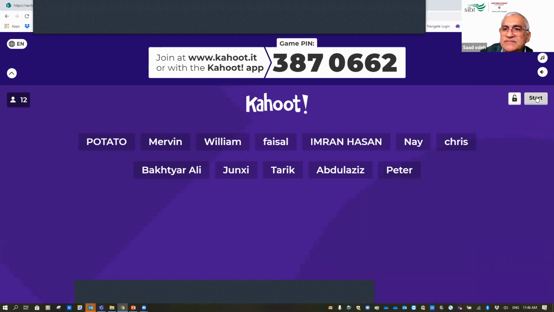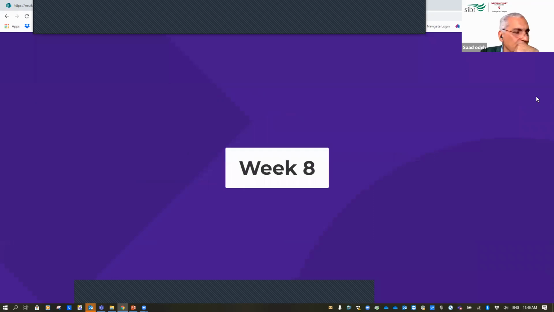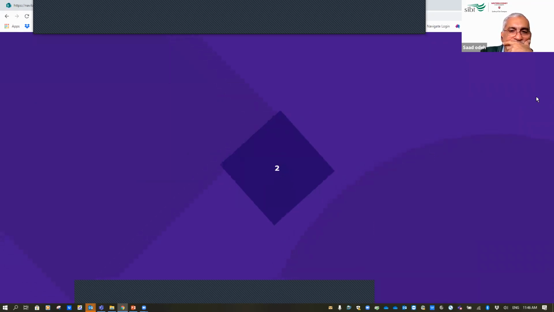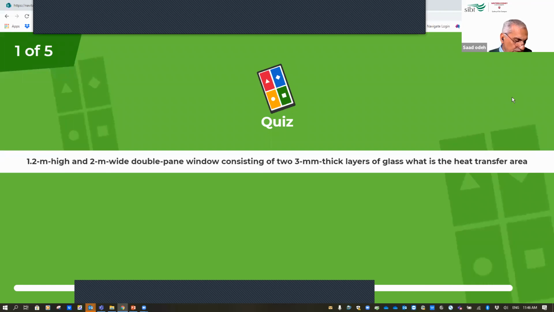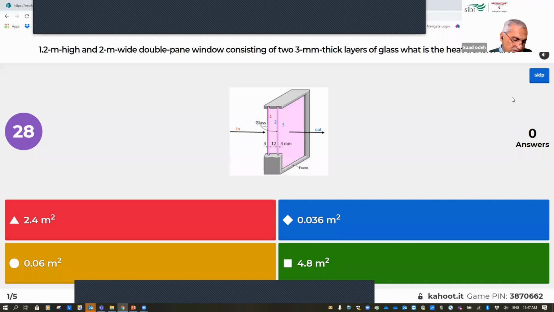Let's start. We have the dimensions of the double glazed window, and you have thickness. What's the heat transfer area? It's very simple. Heat transfer area.